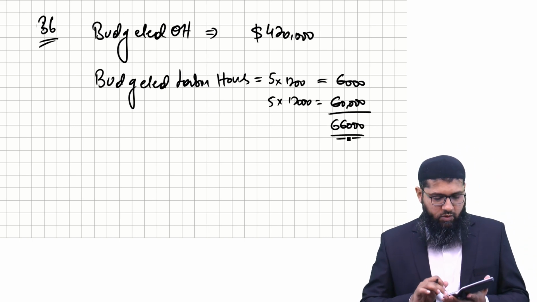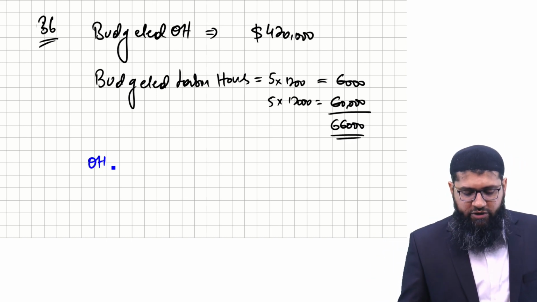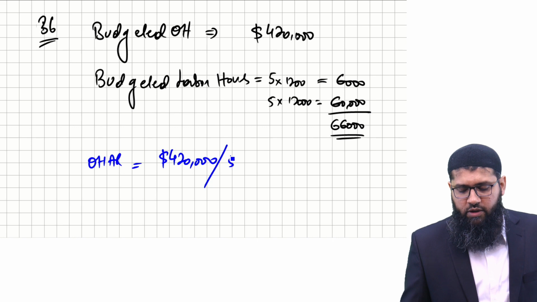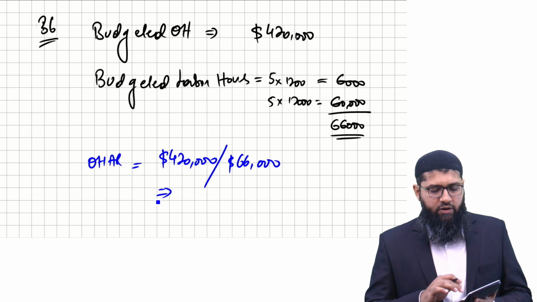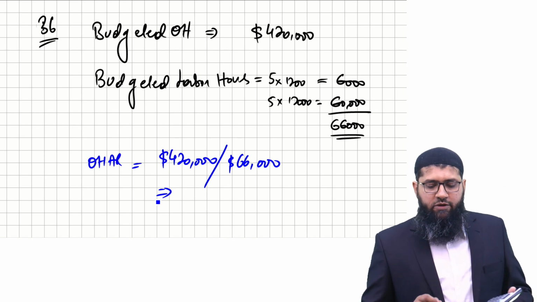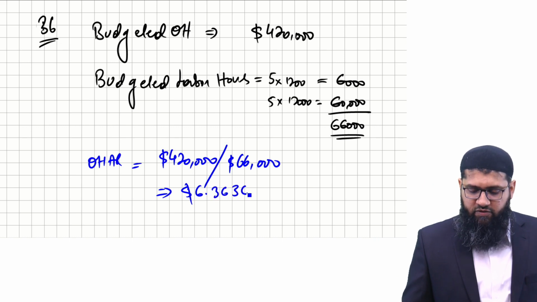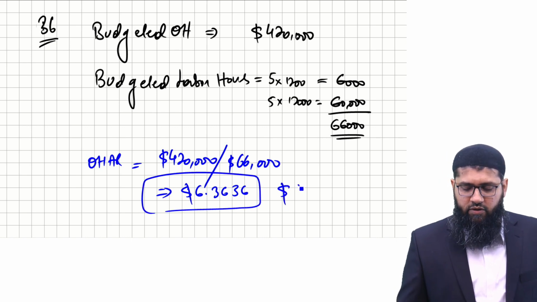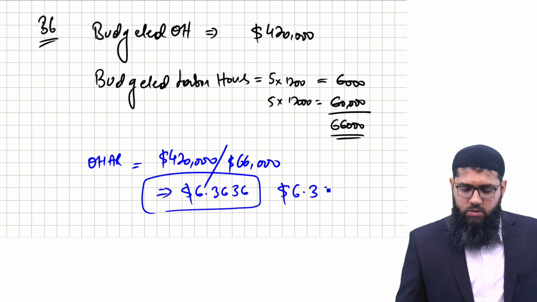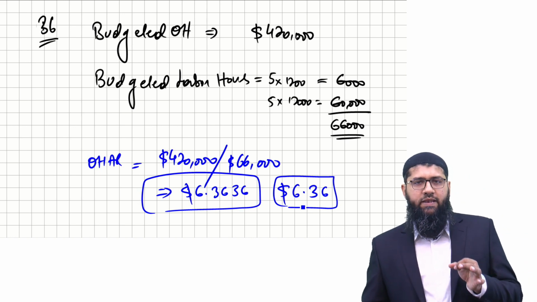Now the overhead absorption rate is going to be $420,000 divided by 66,000, which is 6.3636. When you round it off, it becomes $6.36. So the answer here is 6.36.